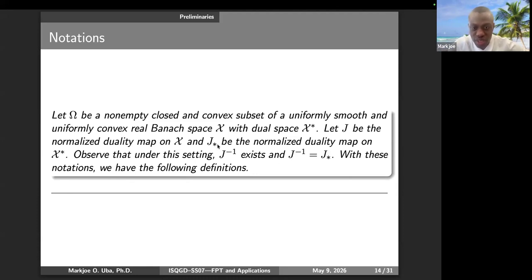This J star is actually the normalized duality map defined on the dual space of X. But we have already said that our J inverse is exactly J star. So the original duality map goes from X to X star, so the inverse will go from X star to X. So that's what we mean by this, and this is what we're going to use all through.